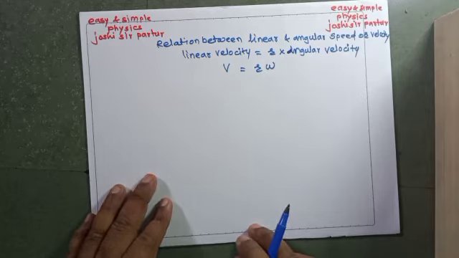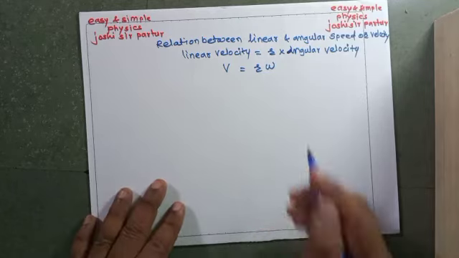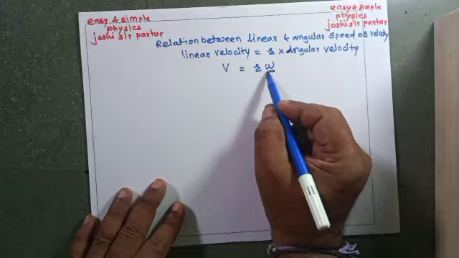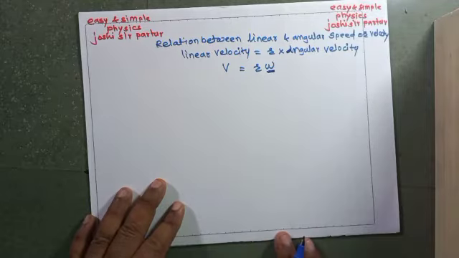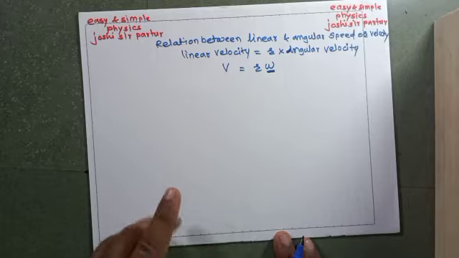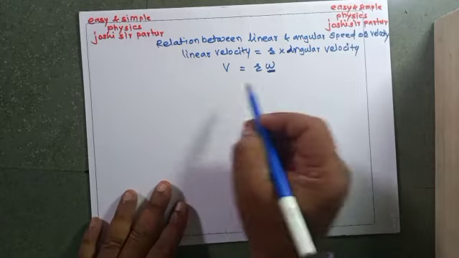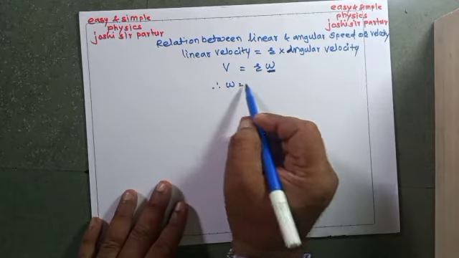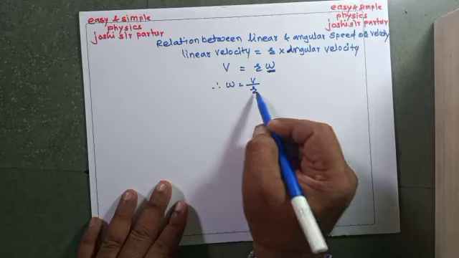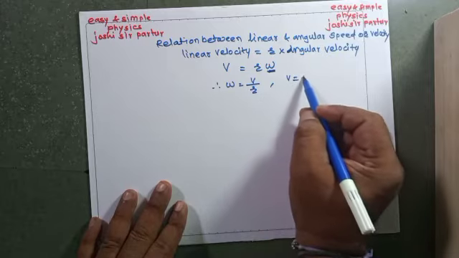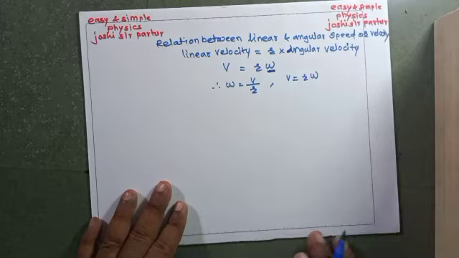Angular velocity is denoted by omega, read as omega, not w. So v equals r omega, which means omega equals v upon r.